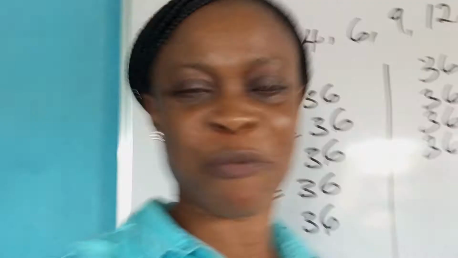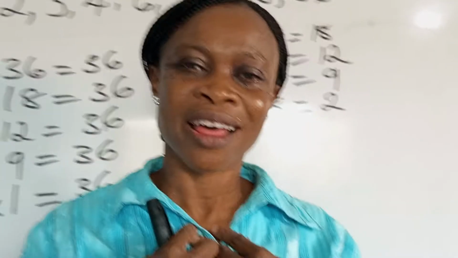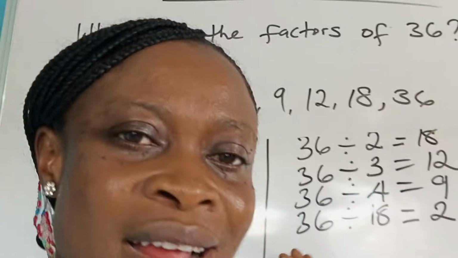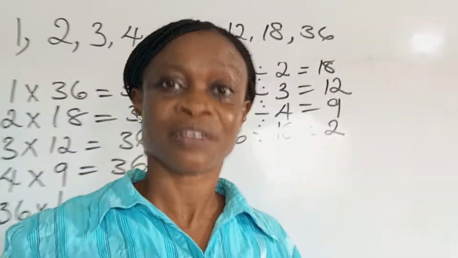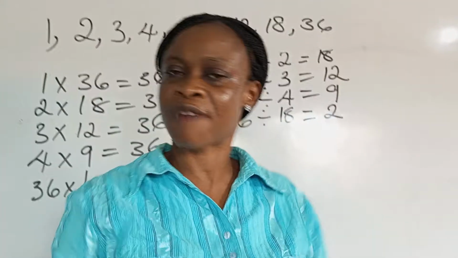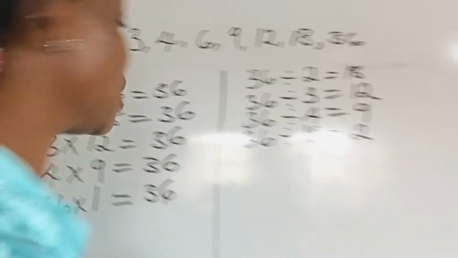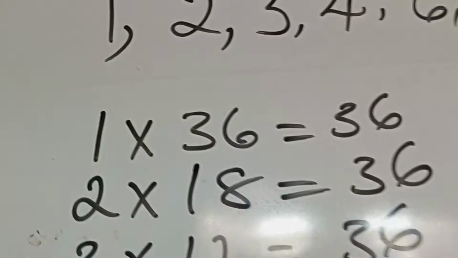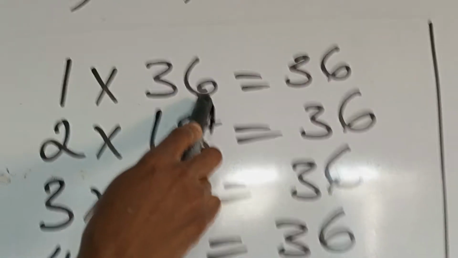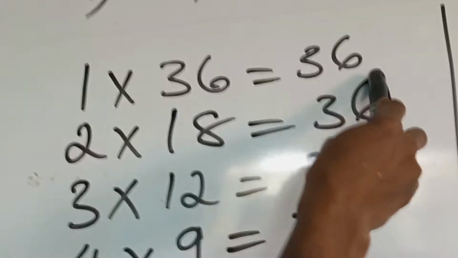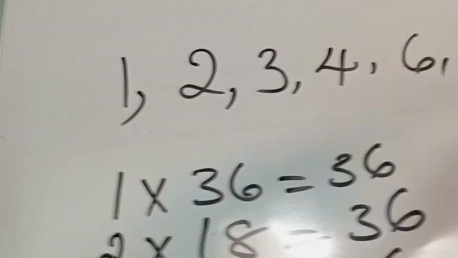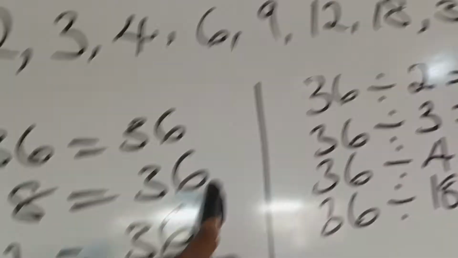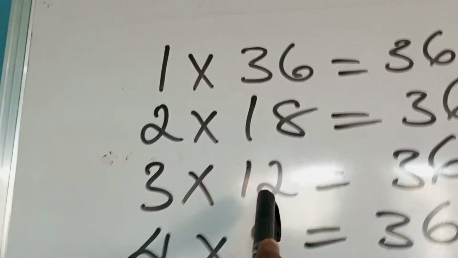Now, how can I prove that these factors are really factors of 36? Very simple. If I multiply 1 by 36, I'm going to get 36 as a product. 2 times 18 is 36. 3 times 12 is 36. 4 times 9 is also 36.